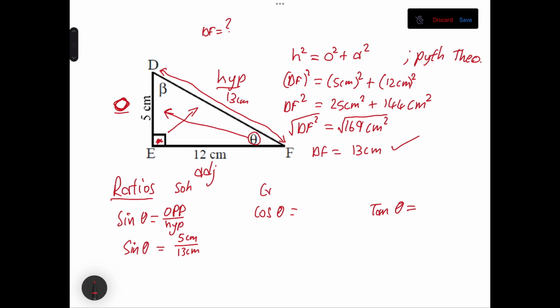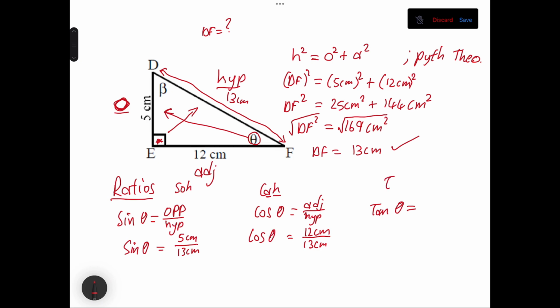Let's go to the cos. Cos is CAH, so adjacent over hypotenuse. Our adjacent side is 12 centimeters over 13 centimeters, and that's our cos theta value.